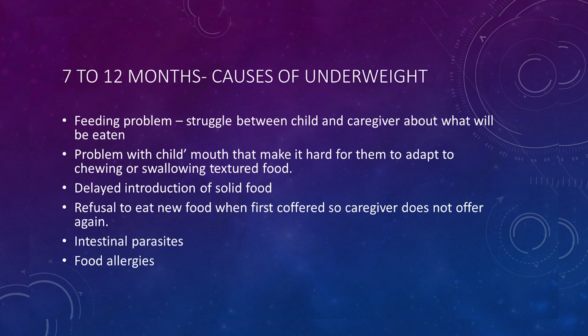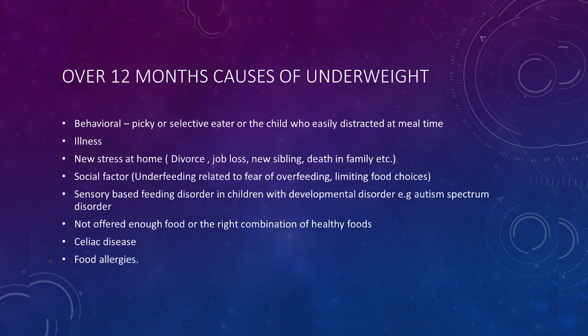That's why a child of the age group 7 to 12 months may end up underweight. Then underweight observed in children over the age of 12 months. The causes may be behavioral, that is, they are picky or selective eaters. Now they are quite elder, the children become picky or selective about their food.